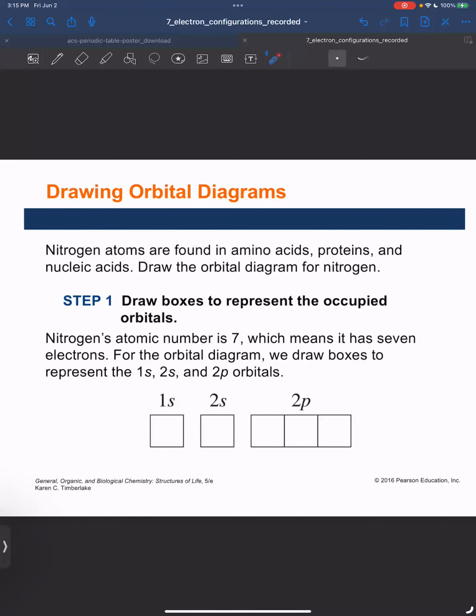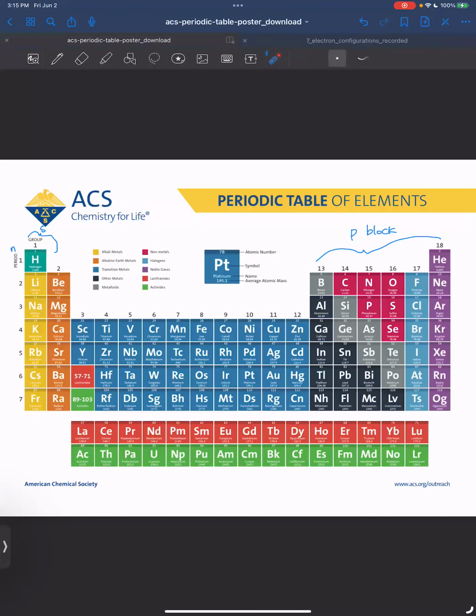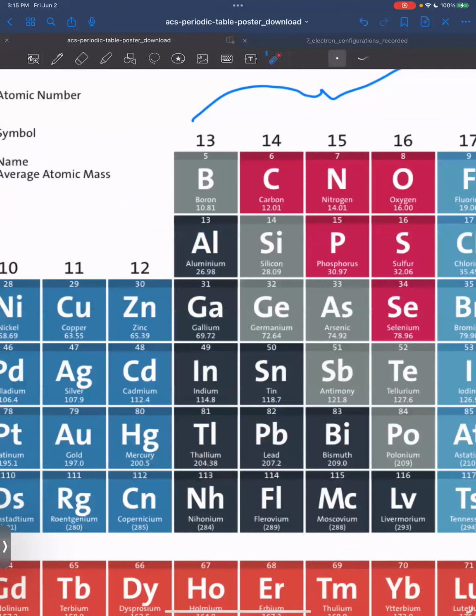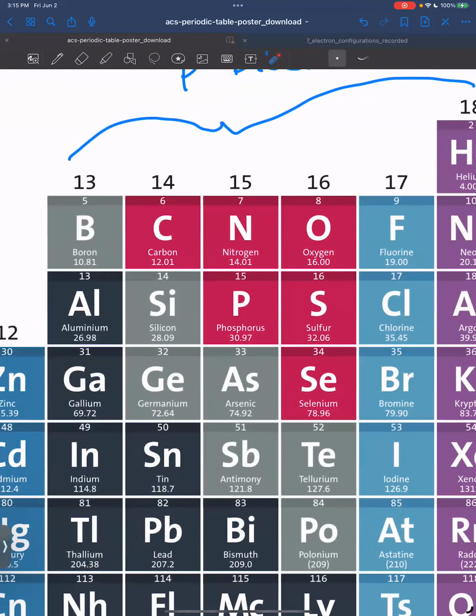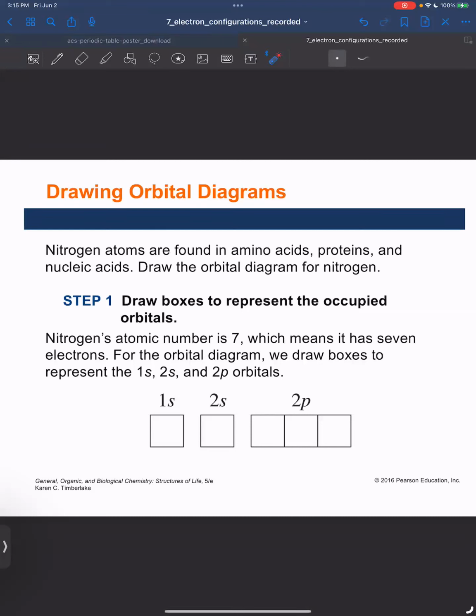Then you go to your periodic table, find the element you're looking for, nitrogen, and determine the atomic number, which tells you there's 7 protons, and because there's 7 protons for a neutral nitrogen atom, there are 7 electrons. And then you start to fill up your boxes with arrows. Each arrow represents an electron.